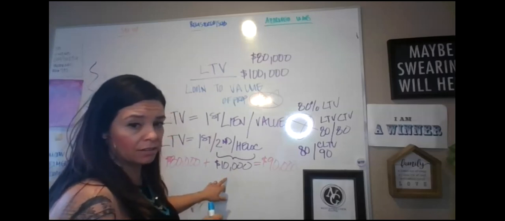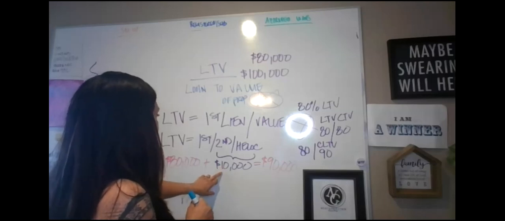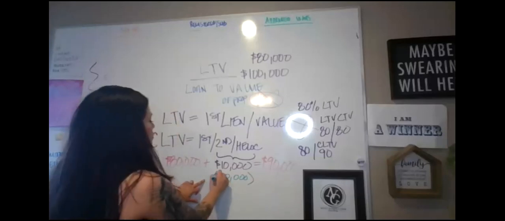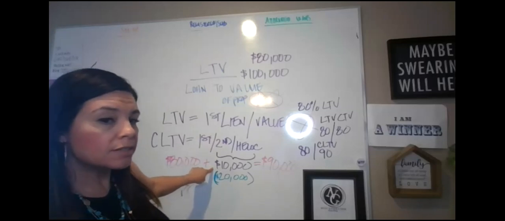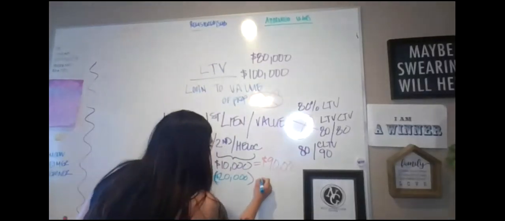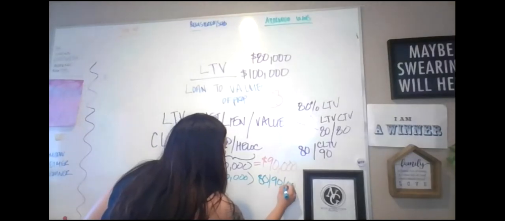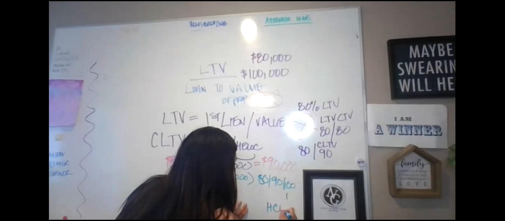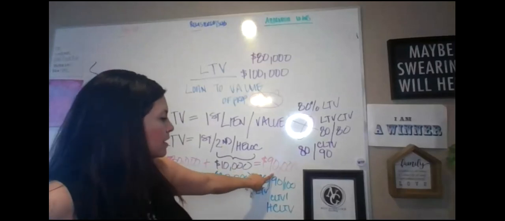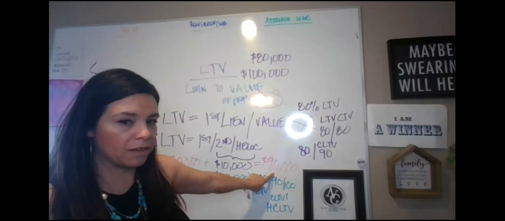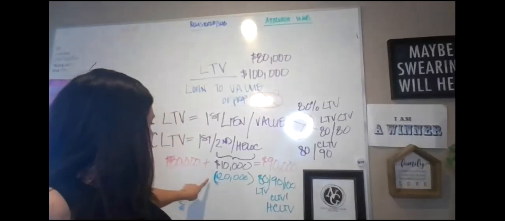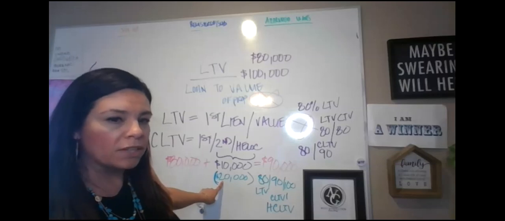If this is a HELOC, and let's say the HELOC is really a 20 grand HELOC, but they've only used 10,000 of the HELOC, then you're 80% LTV, 90% combined loan LTV, and you're 100% HELOC combined loan to value, meaning that regardless of how much they have used, what's available to them.